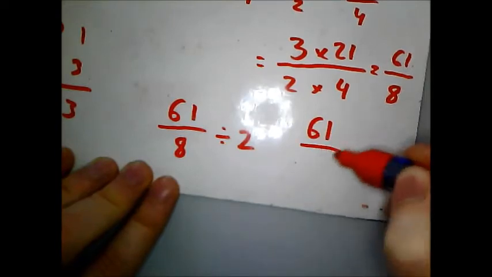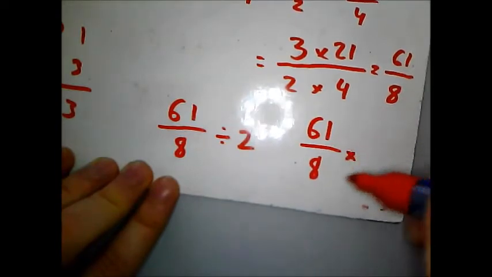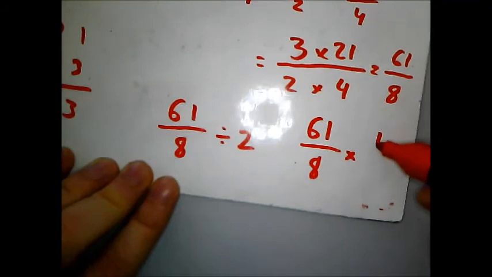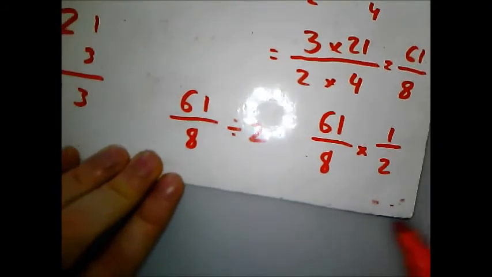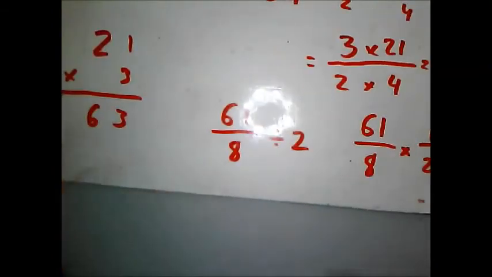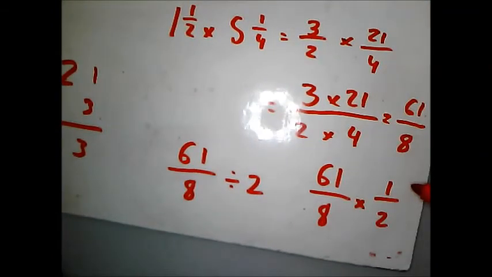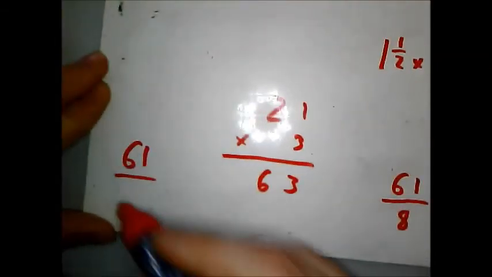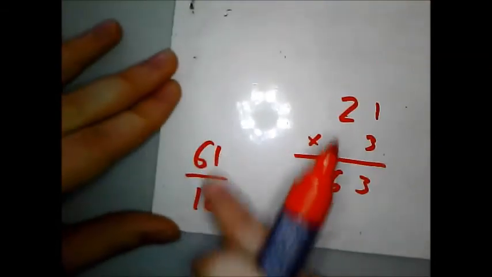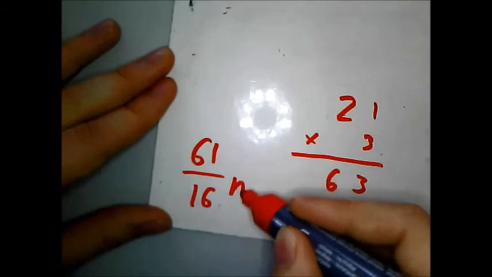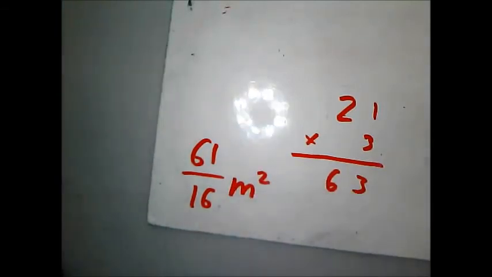So that's going to be 63/8 multiplied by 2 upside down, so it's going to be 1/2. Okay, so now I'm going to get 63 over, running out of space here. So 63 times 1 is 63, and then 8 times 2, 16. So it's going to be 63/16 meters squared.